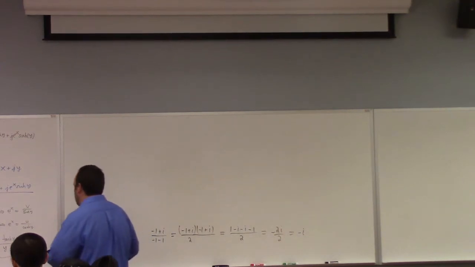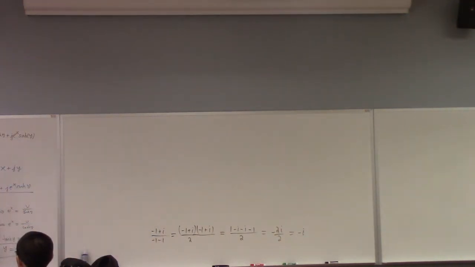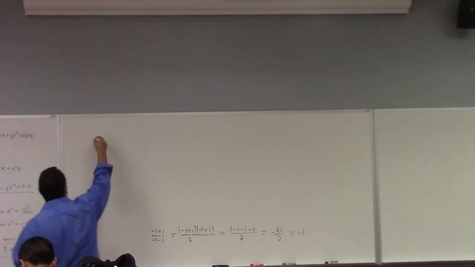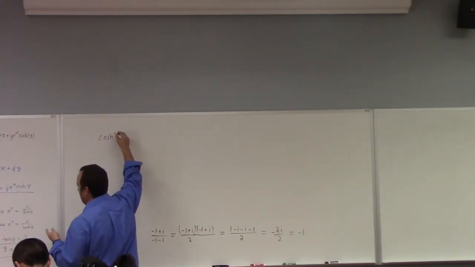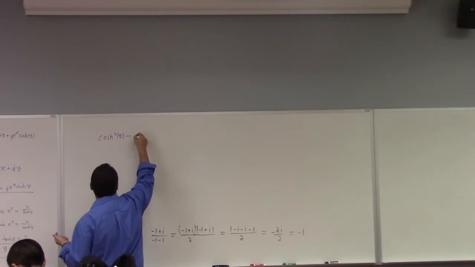So when I see equations like this and I think about eliminating y, if I've got coshs and sinhs, it's like when I have cosines and sines and I'm trying to eliminate theta, I always think about cosine squared plus sine squared theta equals 1, because that allows me to eliminate theta. In the same way, with coshs and sinhs, I think about cosh squared y minus sinh squared y.